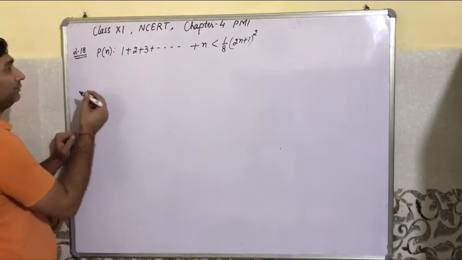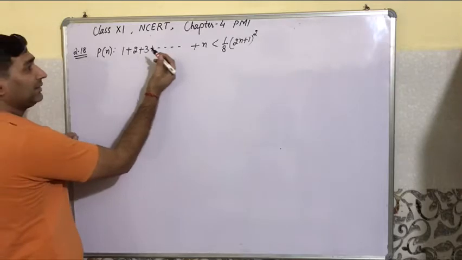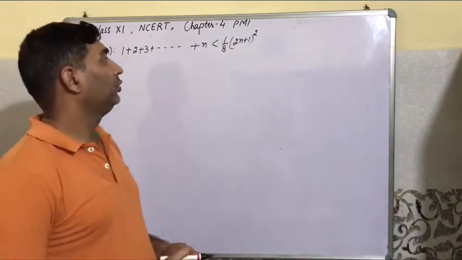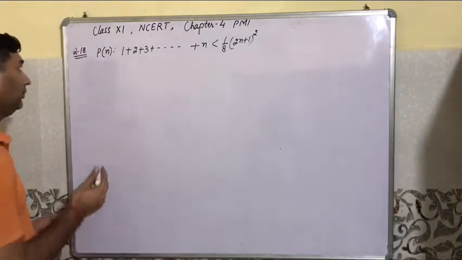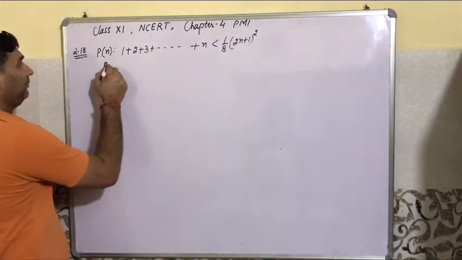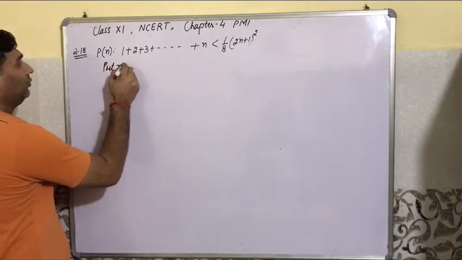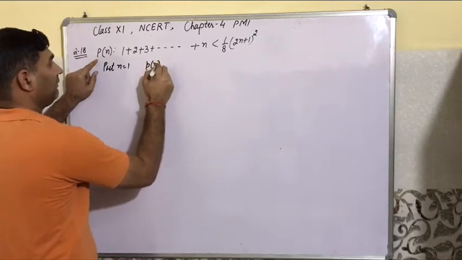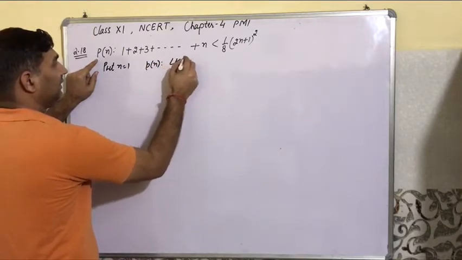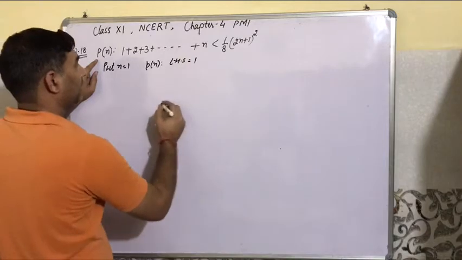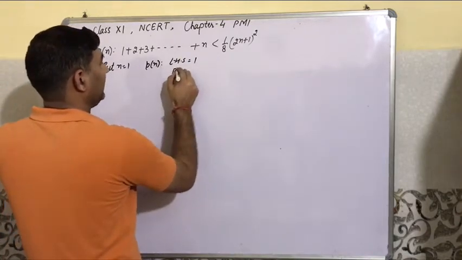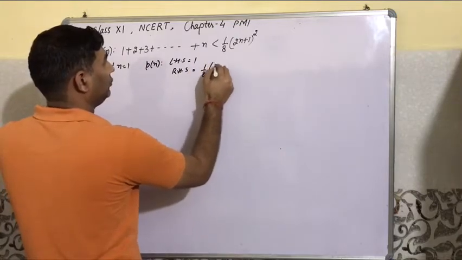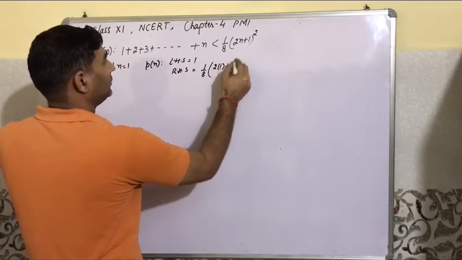Question 18: this P of n is 1 plus 2 plus 3 and so on up to n is less than 1 by 8 into (2n plus 1) whole square. First step, let us put n is equal to 1. Then P of n left hand side is 1, and right hand side is 1 by 8 into (2 into 1 plus 1) square.